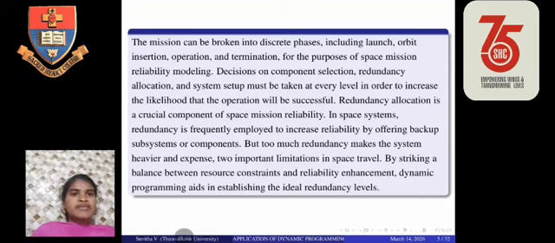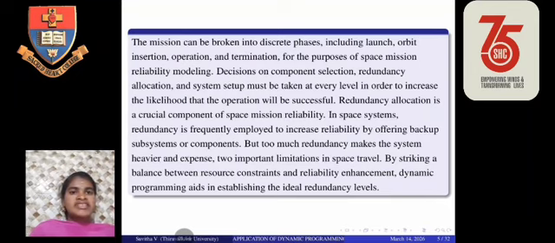A mission can be broken into discrete phases including launch, orbit insertion, operation and termination for the purpose of space mission reliability modeling. But too much redundancy makes the system heavier and more expensive. Two important limitations in space missions are handled by striking a balance between resource constraints and reliability enhancement.